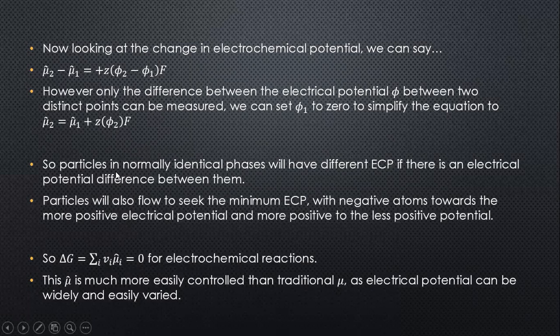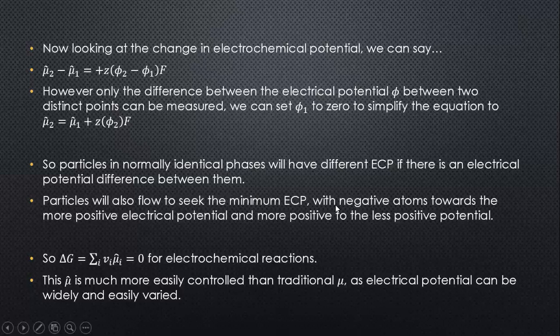So particles in normally identical phases will have different electrochemical potentials if there's an electrical potential held between them. Particles will also flow to seek a minimum electrochemical potential.